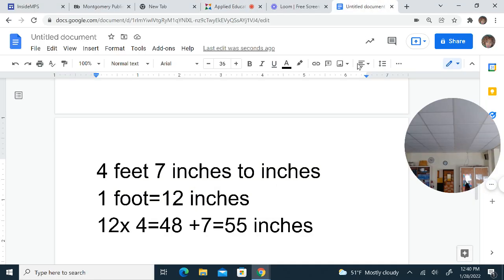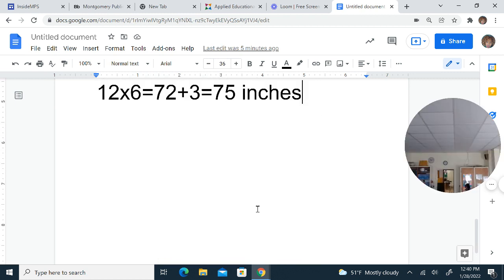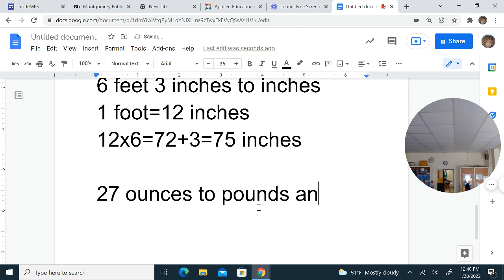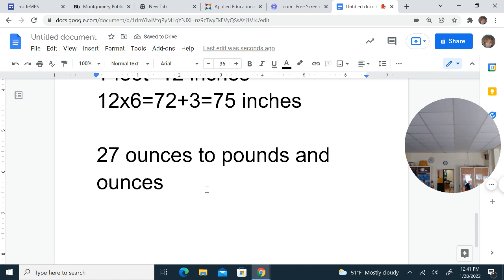Oh, 27 ounces to what? Pounds and ounces. Okay. Oh, y'all, I can't remember what we're going on. All right, what's the first step? What's the thing called? Conversion.